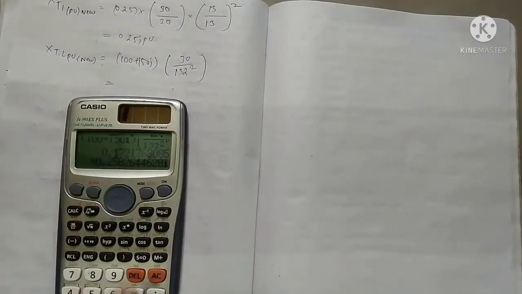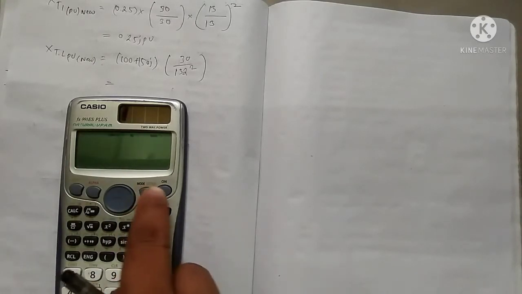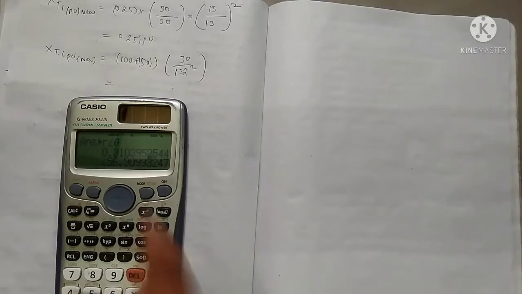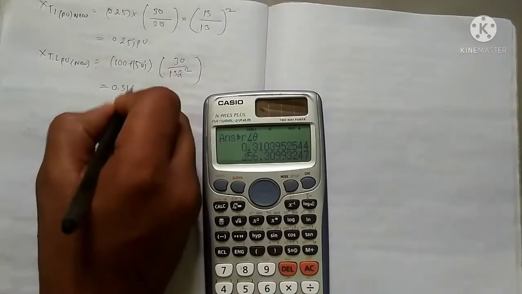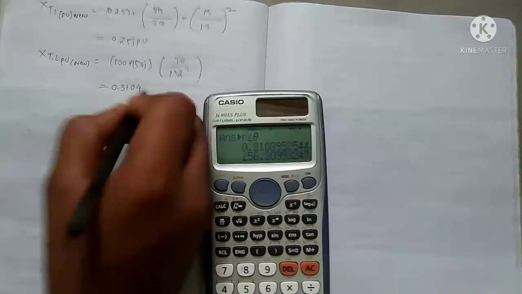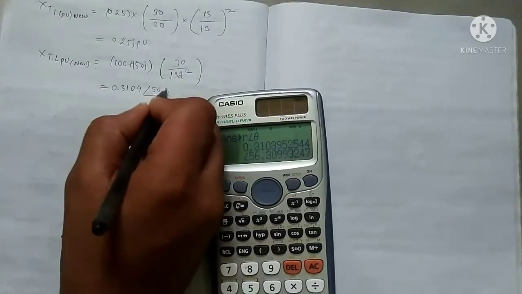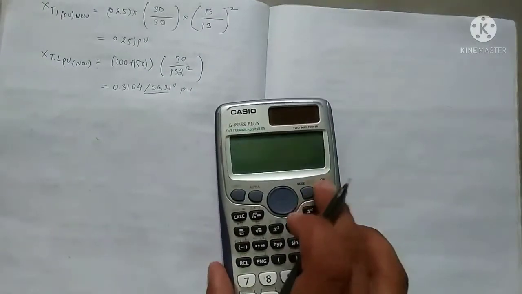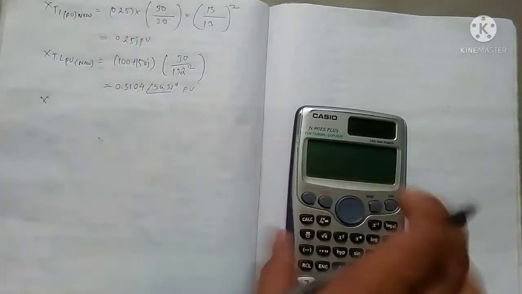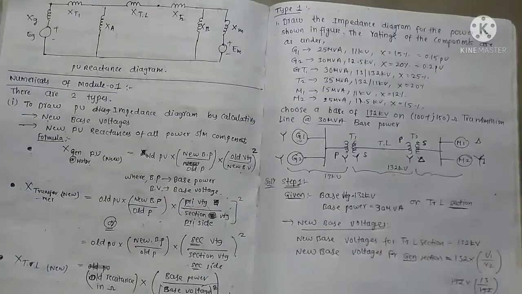To convert into polar form, take shift complex 3, angle. That gives 0.3104 angle of 56.31 degree pu. Now we completed XTL.